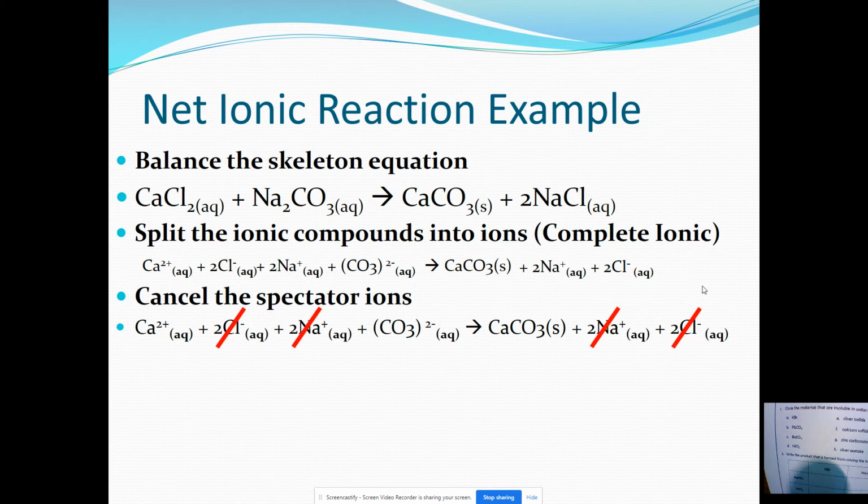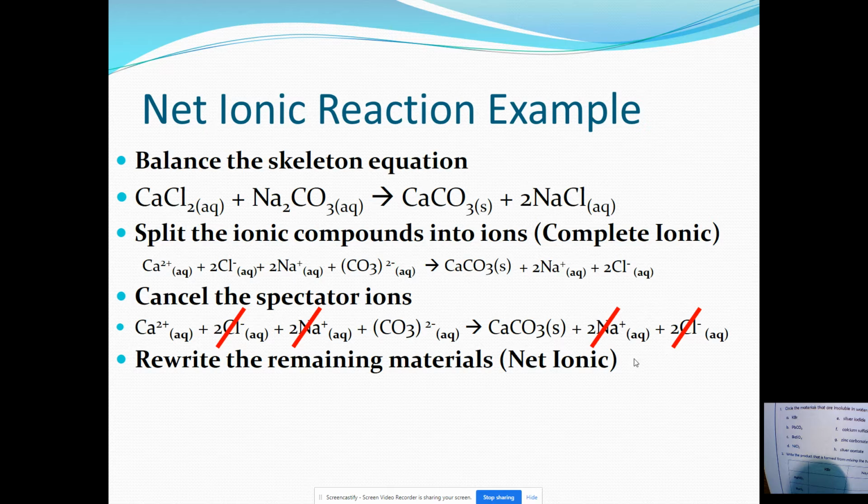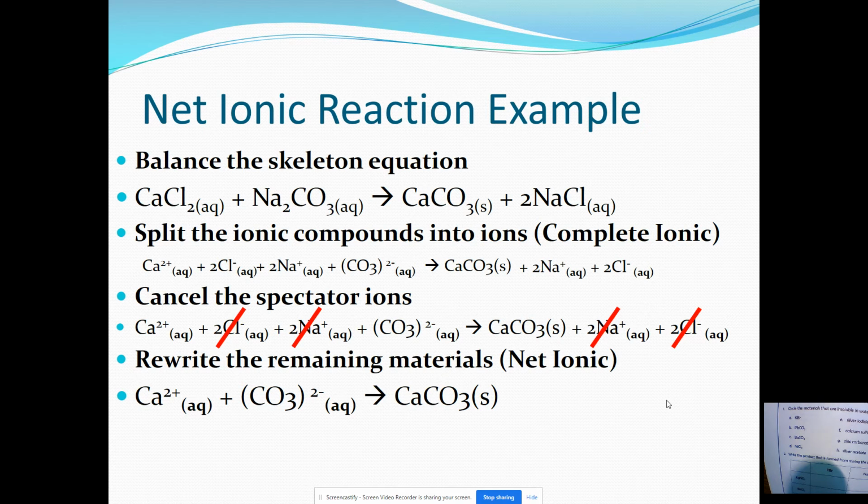Because they are exactly the same, we can cancel them out. They are the spectator ions. So we just rewrite what's left, and this becomes the net ionic equation. The only things that are left are the ions actually doing the chemical reaction.